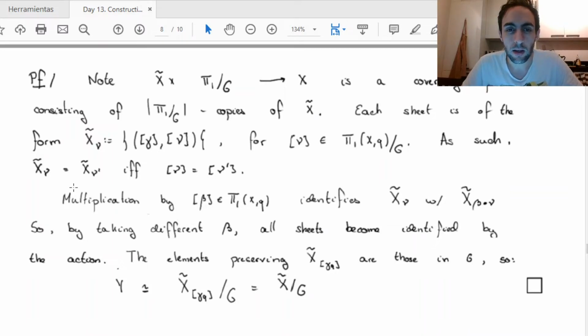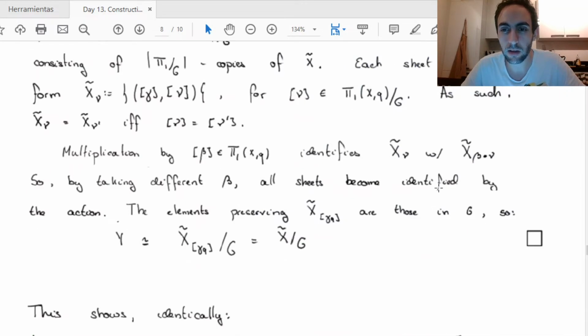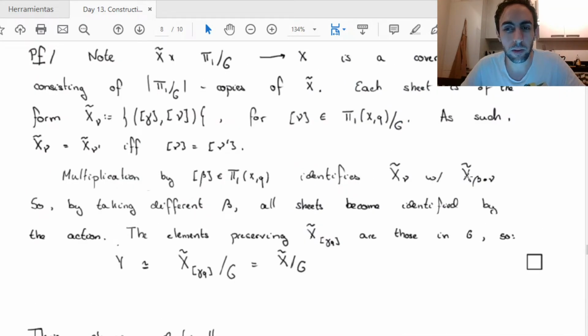All right. Now, what happens when I take all these many sheets and I quotient them out by pi 1? The first observation is that if I take the sheet corresponding to nu and I apply a beta as explained here, then these two things will be identified. Basically, the element gamma here will be sent to gamma pre-concatenated by beta. So all these sheets, I've put many of them, but after the quotient, they will become identified.